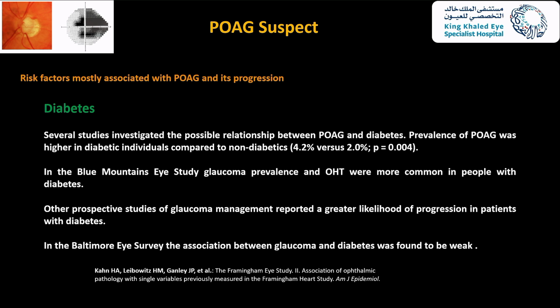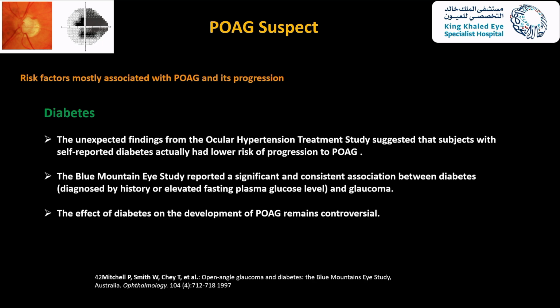In the Baltimore Eye Survey, the association between glaucoma and diabetes was found to be weak. On the other hand, an unexpected finding from the Ocular Hypertension Treatment Study suggests that subjects with self-reported diabetes have a lower risk of progression to primary open-angle glaucoma. So diabetes is still controversial as a risk factor for converting from glaucoma suspect to primary open-angle glaucoma.